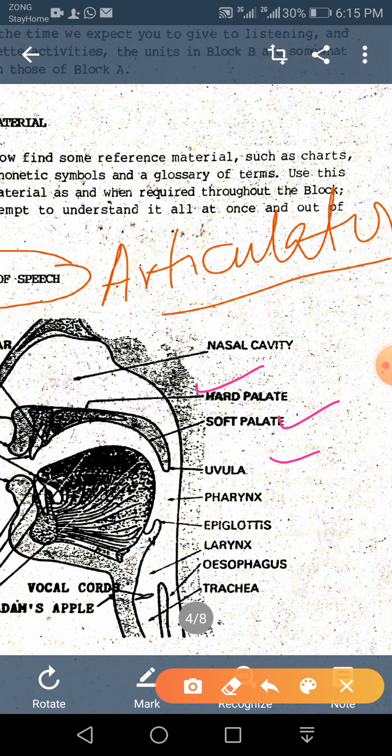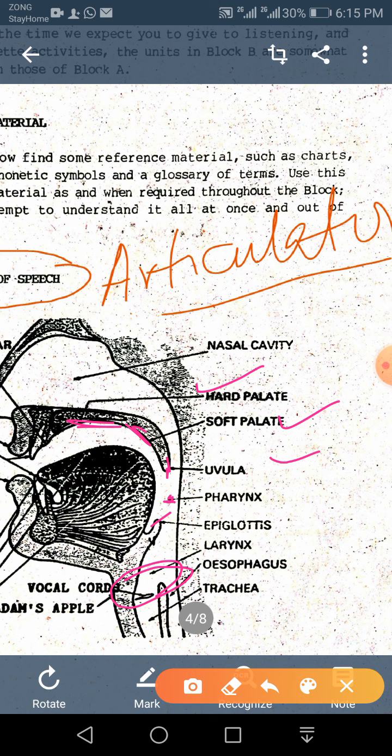So this is the hard palate, this is the soft palate, also known as velum, and this hanging portion of the soft palate is known as the uvula. The area behind the tongue is known as the pharynx, and this is the epiglottis. Then we have the voice box somewhere here, the larynx.